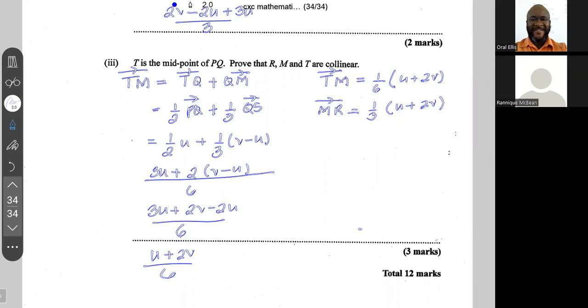That means that the two vectors have the same base vectors. And when two vectors have the same base vectors, the two vectors are parallel. So TM and MR are parallel, and M is common.